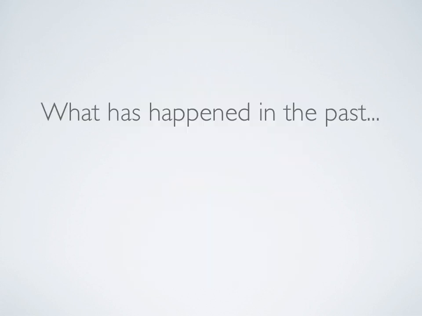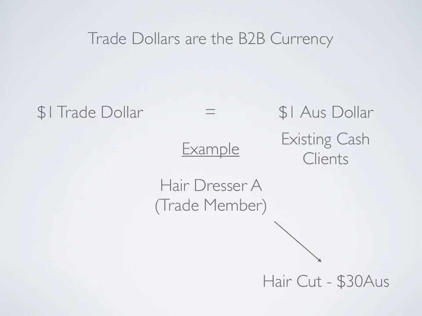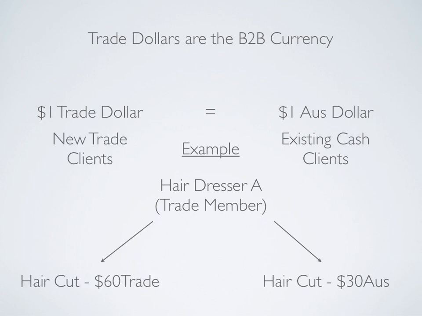Now, what has happened in the past, unfortunately, is an example similar to this. A hairdresser, again, has his cash clients there, pay $30 for a haircut, which is exactly the same as example 1, but when he gets trade customers through the door, he charges them $60 for a haircut. Now, this doesn't really make sense, and you're probably thinking that's not very fair, and you're completely right.